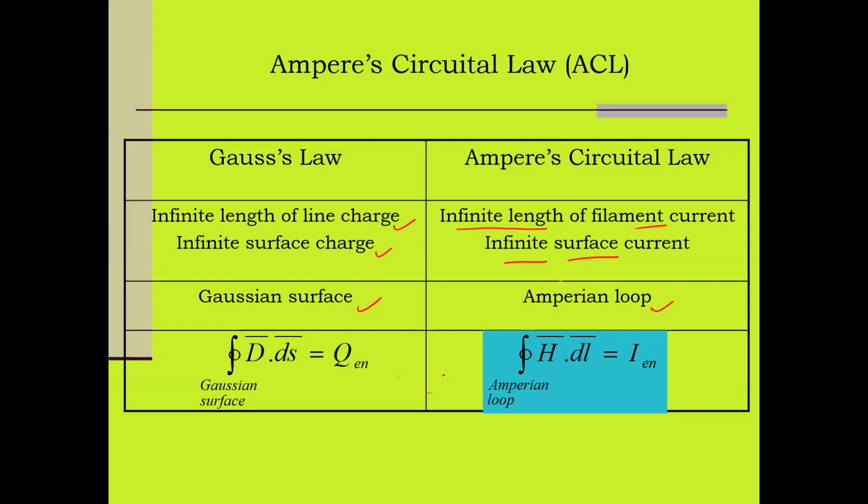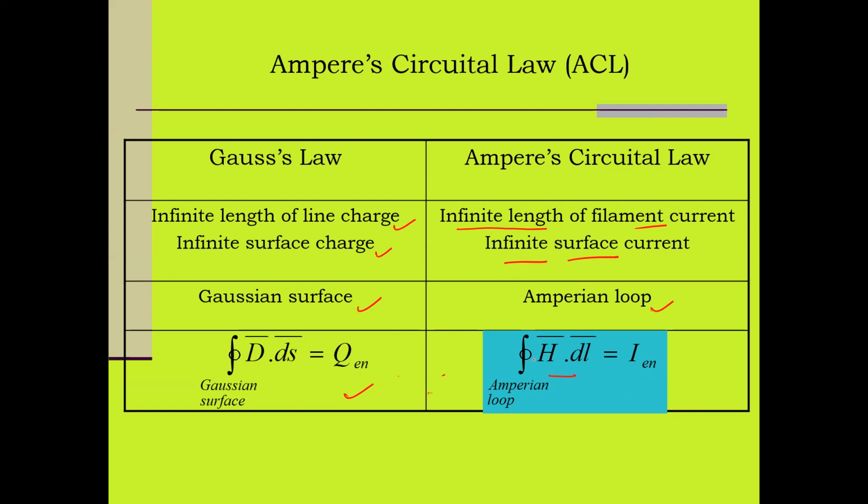it the Amperian loop. And this is the equation for the Gauss Law, where the Gauss Law is given to be a closed surface integration of D dot dS equals the Q enclosed. Okay, I think you have understood this very much in the electrostatic field study before. And for the case of ACL, this is the equation where we have the closed loop integration of H dot dl. Okay, so we call this the Amperian loop.